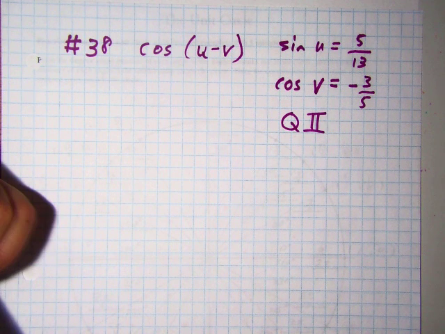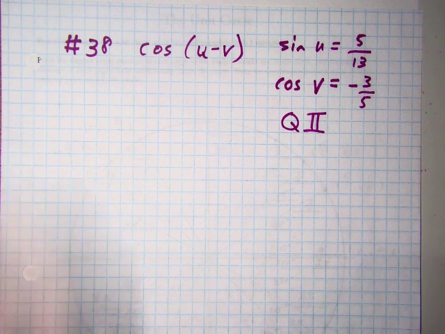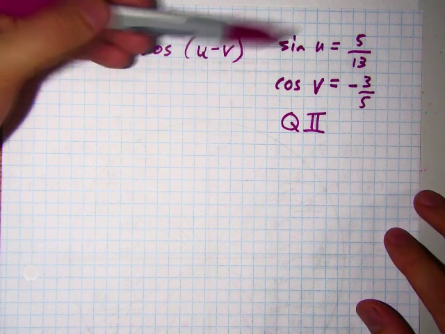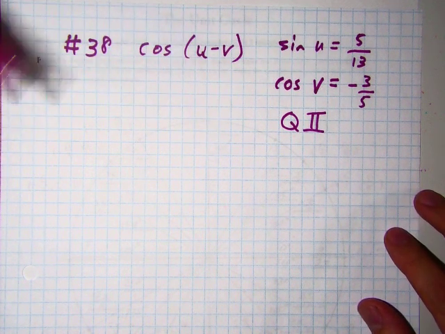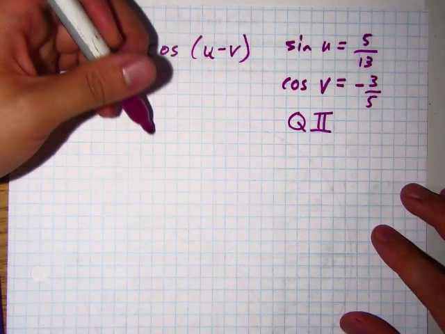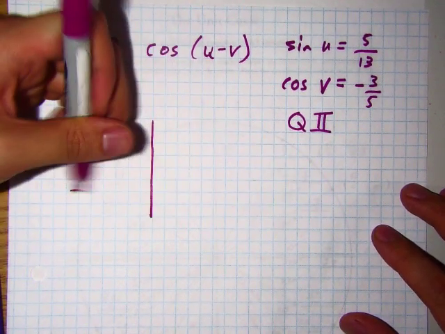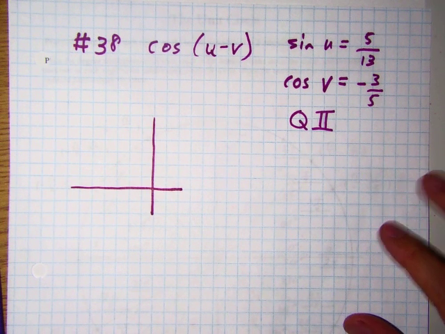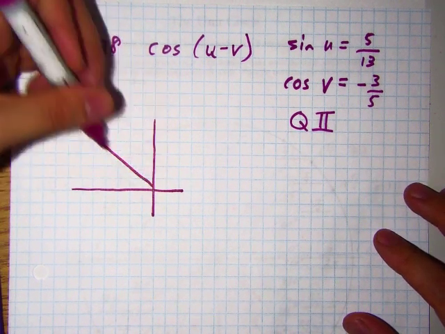Okay, the first thing I would do on this problem is draw a triangle for each of these, for angle u and angle v. So we're going to draw a triangle for angle u first. We're in quadrant 2, so let's draw a triangle here.